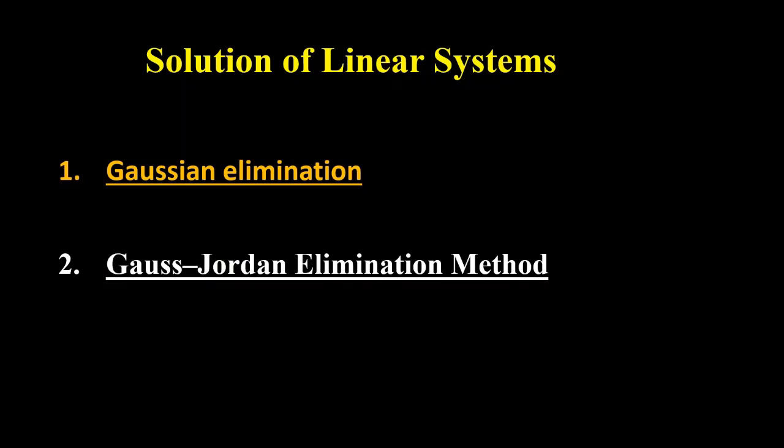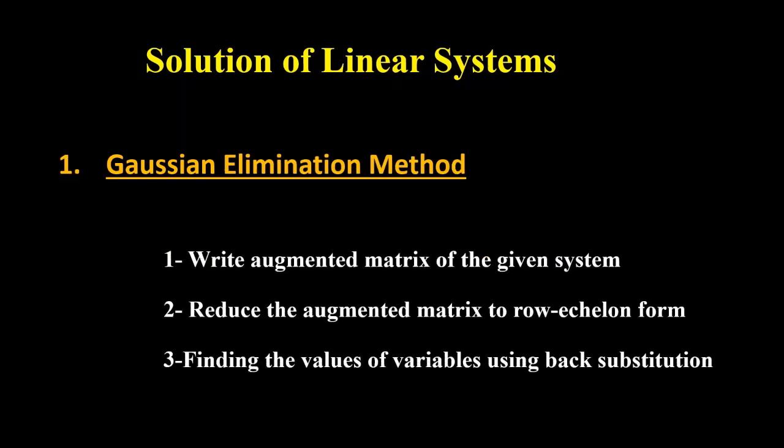In Gauss elimination method, first we write the augmented matrix of the given system, then reduce the augmented matrix to row echelon form, and then find the values of variables using back substitution.